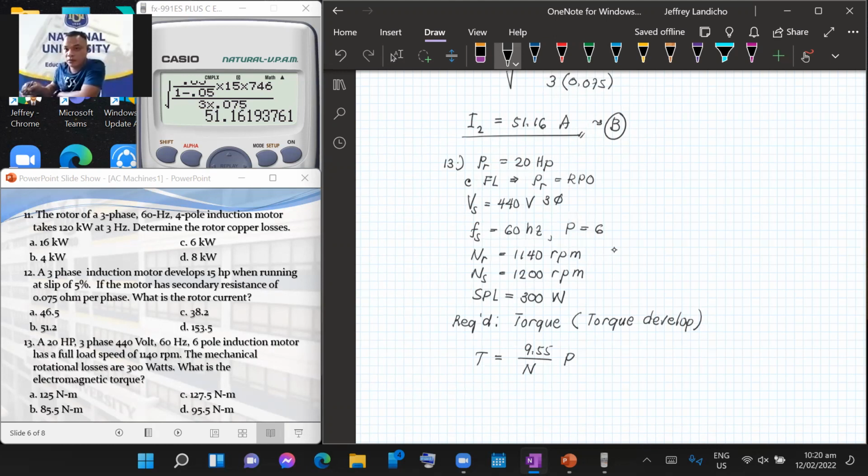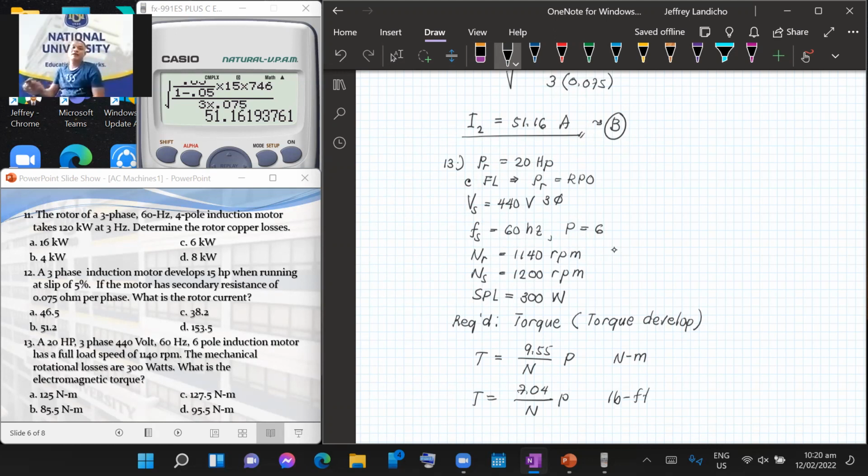Power. 9.55, anong unit niyan? That is Newton meter. Yung isang torque, that is 7.04 over the speed multiplied by power. Anong unit niyan? That is also pound foot.